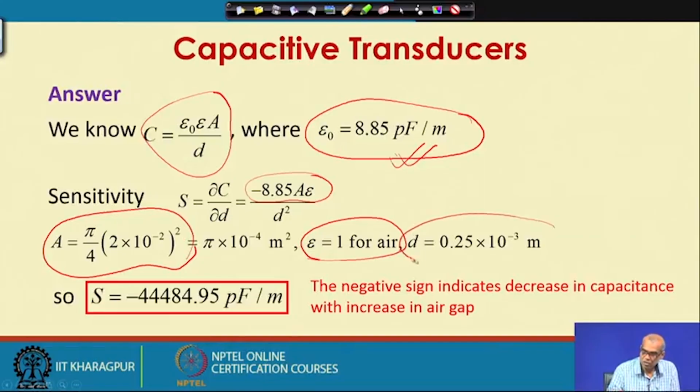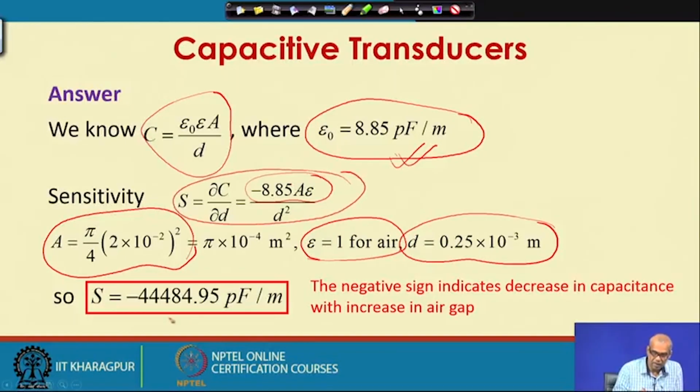The distance between these two plates is given. If I put all these values into this expression for sensitivity, I get the sensitivity as minus 44,484.95 picofarad per meter.